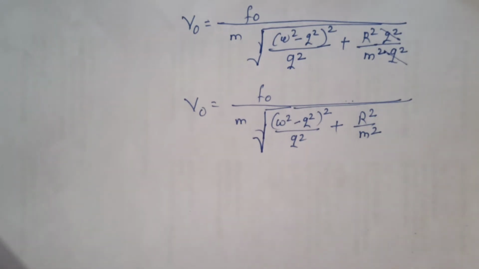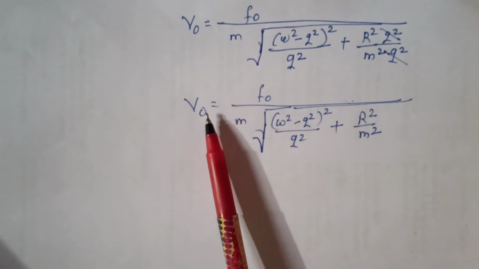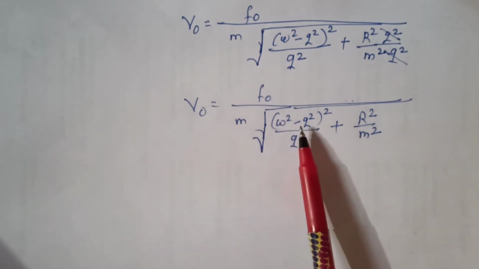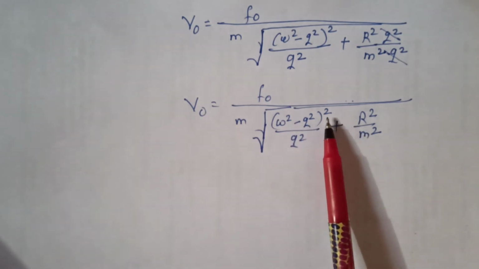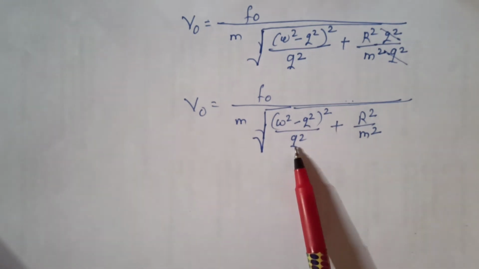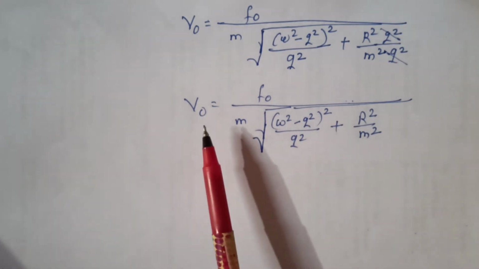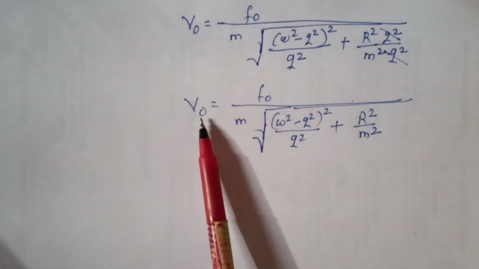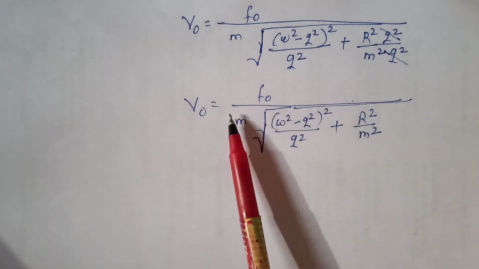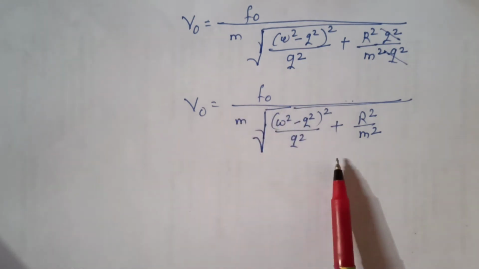The velocity amplitude v0 depends upon (omega square minus q square) whole square upon q square. This velocity amplitude is maximum when this denominator is minimum.